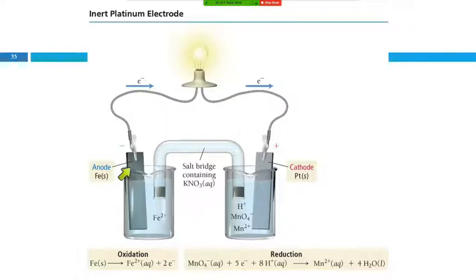Here we've got an iron electrode and the Fe2+ ions. And so this is the anode, this is losing electrons. They're going to go over to the cathode. Here the cathode is platinum, because we don't have any solid that we could use. And reduction is happening over here. The permanganate ion is being changed into manganese ion.